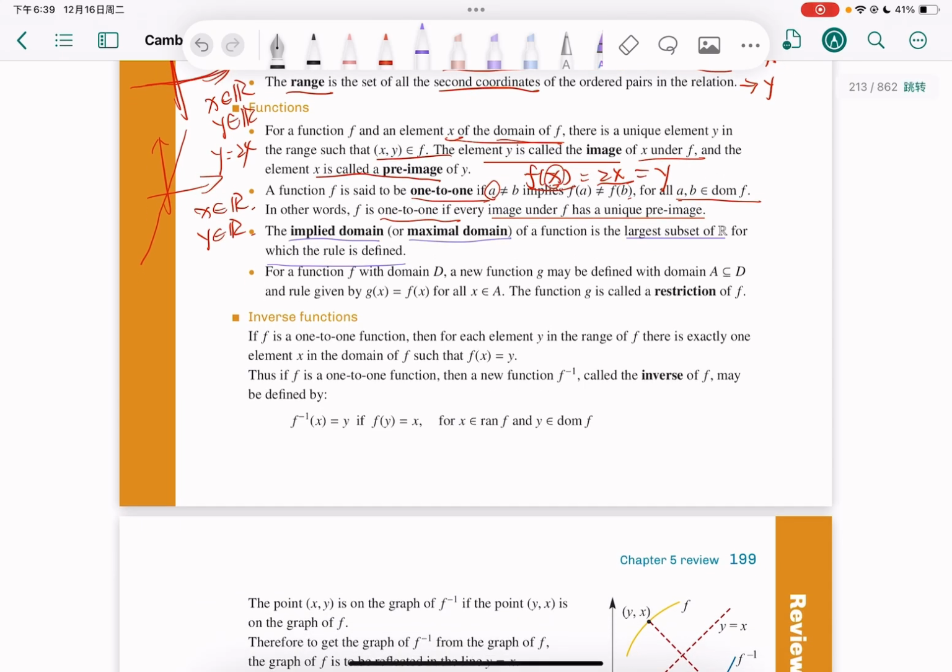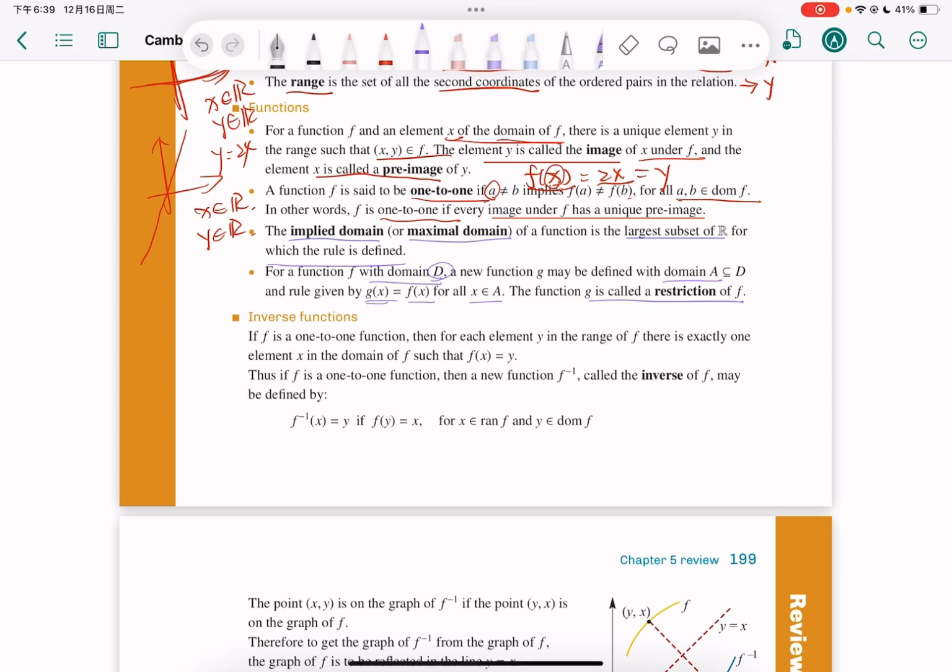For a function f with domain D, so we represent the domain as D, a new function g may be defined with domain A, where A is a subset of D, and rule given by f(x) is equal to g(x) for all x belonging to A. The function g is called a restriction of f. So why is it called a restriction?